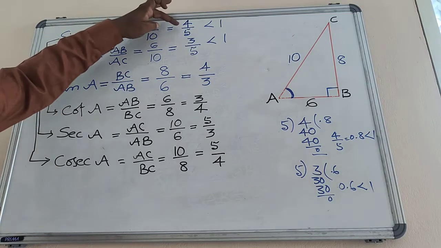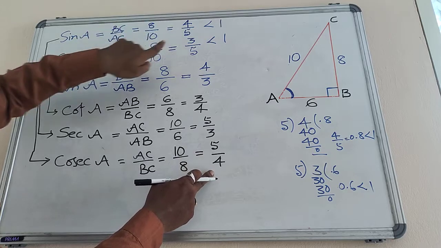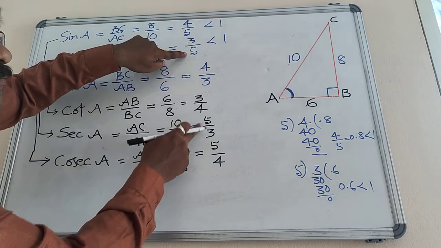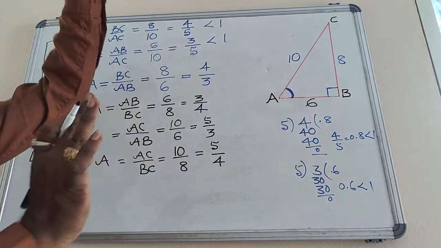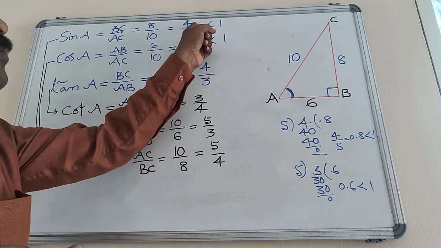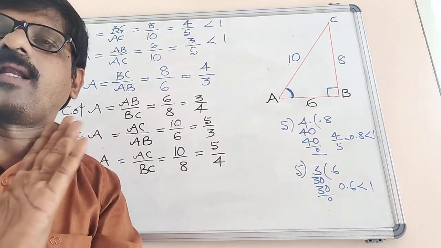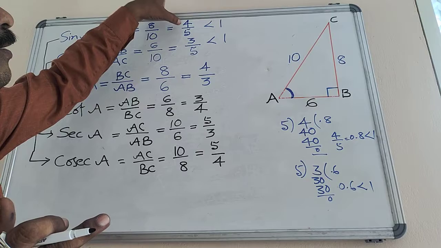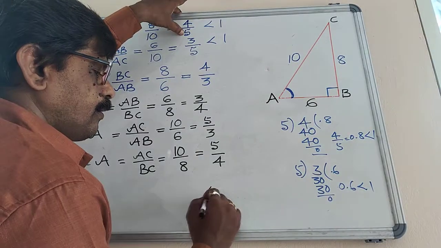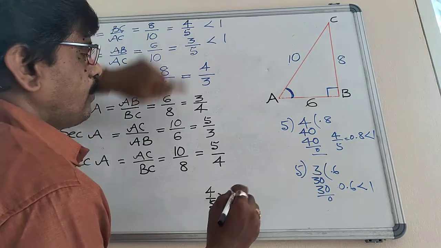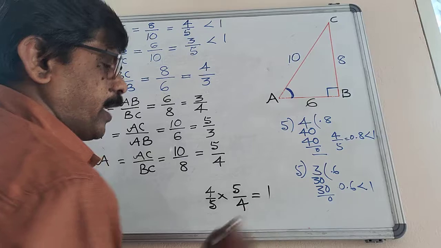Clear? ఇక్కడ చూడండి 4/5. దీనికి reciprocal ఏంటి వచ్చిందంటే మనకి 5/4. 3/5 reciprocal ఏంటి 5/3. 4/3 reciprocal ఏంటి మనకి 3/4. Clear? Reciprocal means, for example, 4/5, 5/4. Their product will be 1. అంటే ఏంటి, 4/5 into reciprocal 5/4 equals how much? 1. Why?